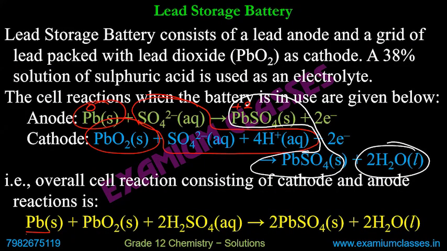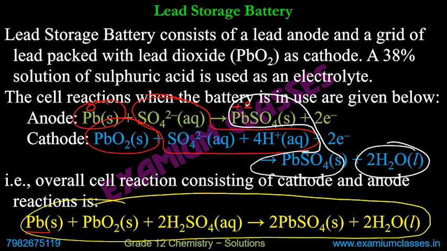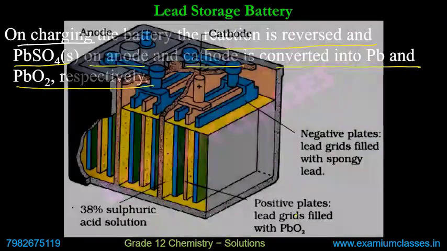Reverse of these reactions will take place. Normally, you will be asked this reaction and the reverse of this reaction, but you need to remember both: anode, cathode, and overall reaction. And also, if it is asked, write the reverse reaction. For charging, all these reactions will be reversed.